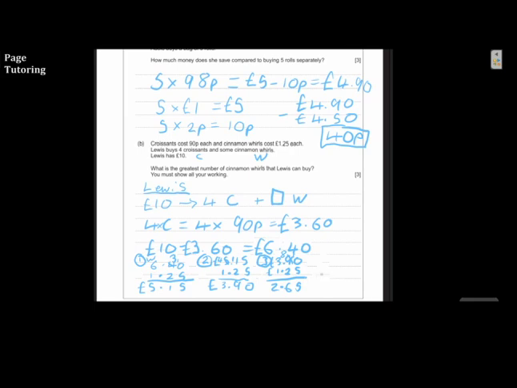Because if we do 2 times 1.25, that is £2.50. So that's the amount for 2 whirls there. So we could buy 1, 2, 3, 4, 5. So 5 whirls. And then you would have 15p change.